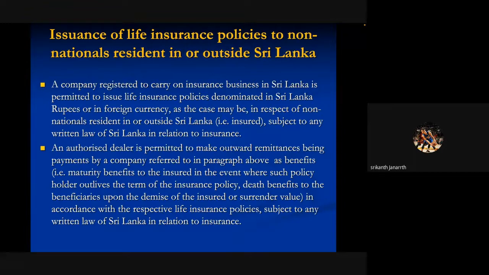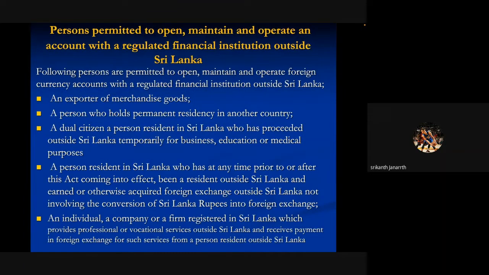With the central bank's permission, the money can be sent as outward remittance to the insured, as long as the policy is sold by the local insurance company to a foreigner in foreign currency, where the premium was also received in foreign currency. Therefore, the maturity proceeds can be remitted. So that is also permitted, right? As per local regulation, that is permitted.